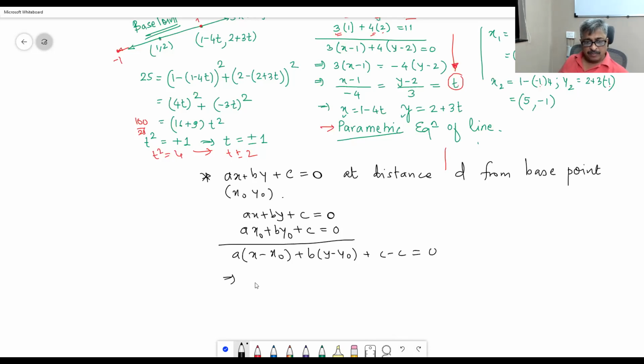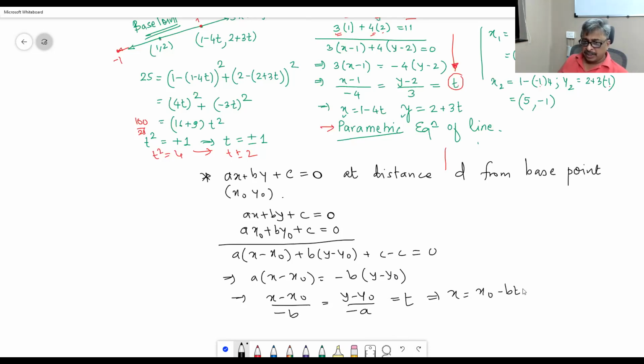Therefore, a into (x minus x naught) is equal to opposite of b into (y minus y naught). That makes it (x minus x naught) upon opposite of b is equal to (y minus y naught) upon opposite of a is equal to t. Now we simplify. x is equal to x naught minus bt, y is equal to y naught plus at.